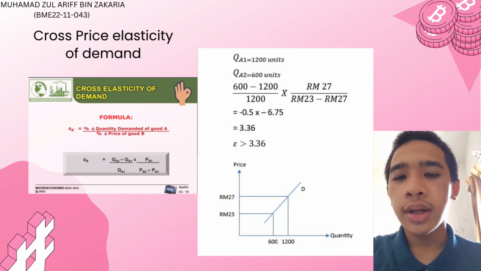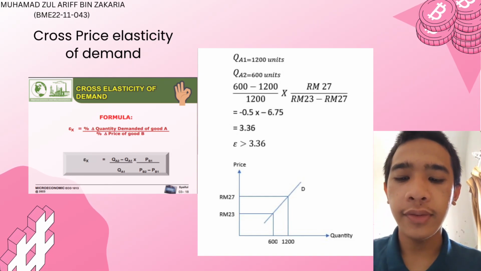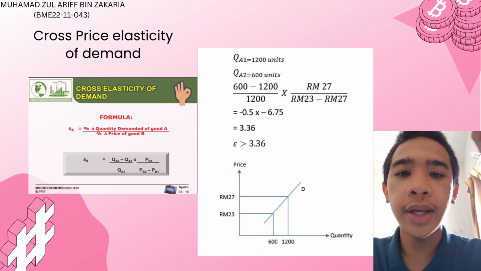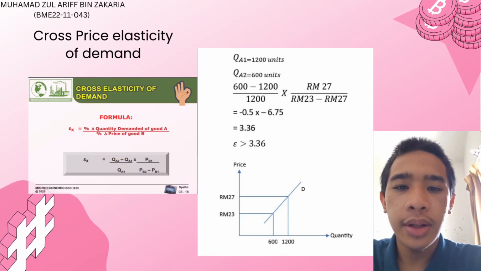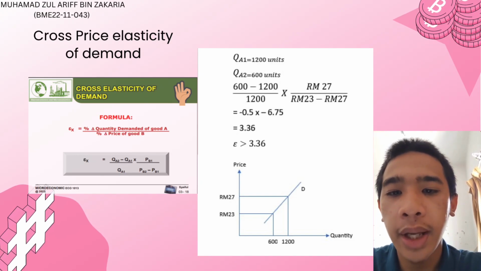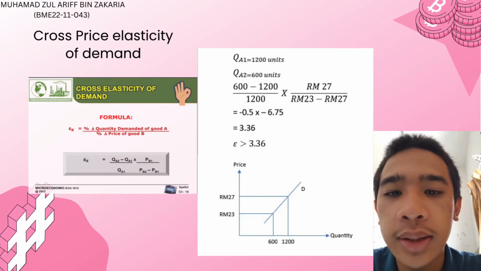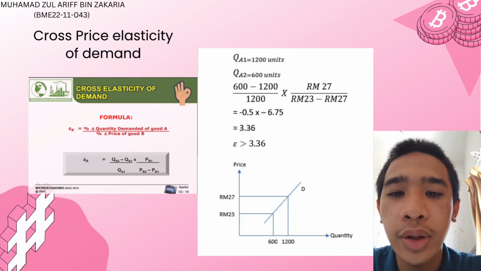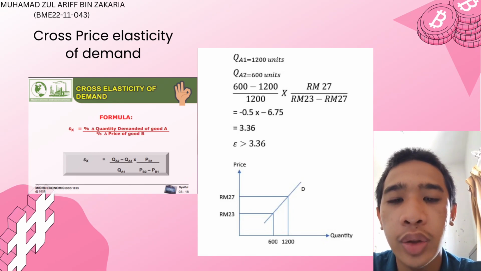This is the question for 2.1. There is an example of the formula given: EXY equals QA2 minus QA1, divided by QA1, multiplied by PB1 divided by PB2 minus PB1. That's my calculation, which is 600 minus 1200, divided by 1200, multiplied by 27 ringgit divided by 23 ringgit minus 27 ringgit.